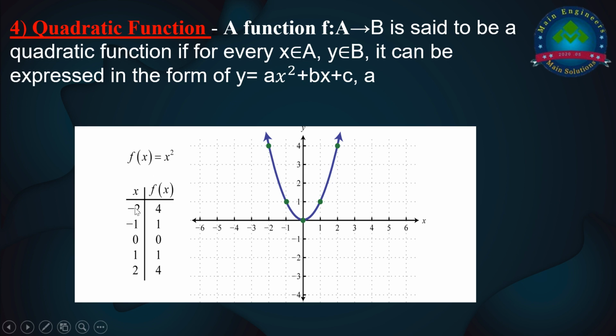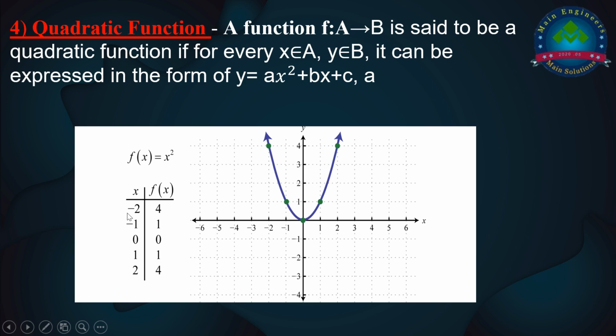Let's draw a graph. We can take x as −2, −1, 0, 1, 2, and if we put those values here, we get (−2)² = 4, (−1)² = 1, 0² = 0, 1² = 1, and 2² = 4. So this is the x-axis, this is the y-axis.